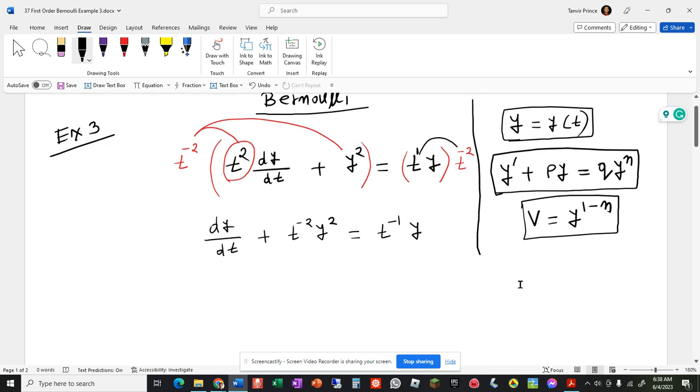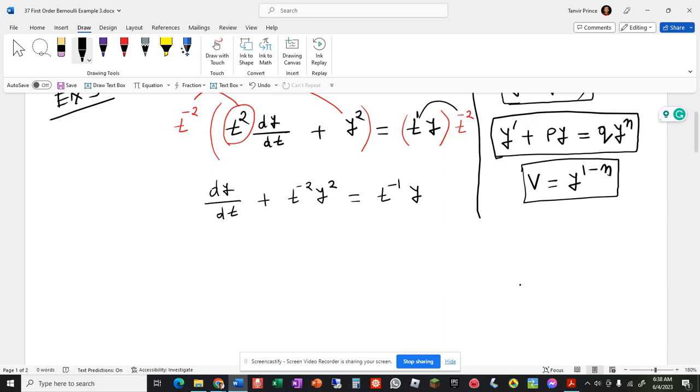Let's continue. It's not in the correct format because the y to the power n must be on the right. So here the y to the power n, which is y squared, that term must be on the right. So I just have to move this term around.